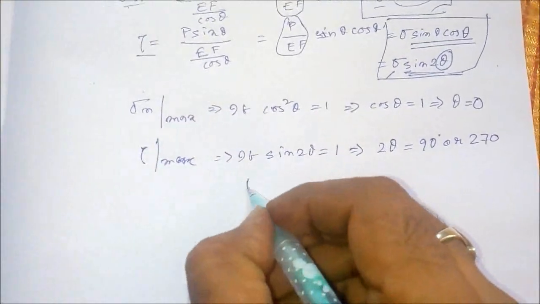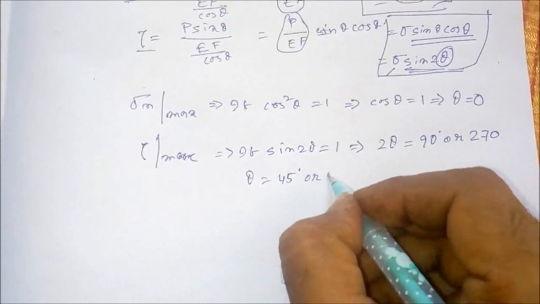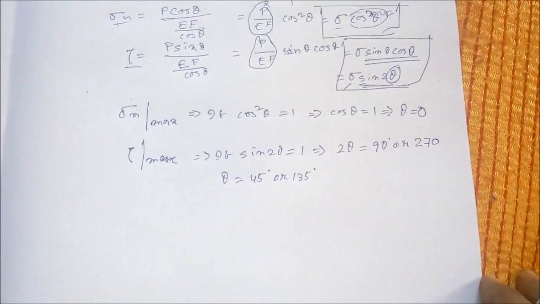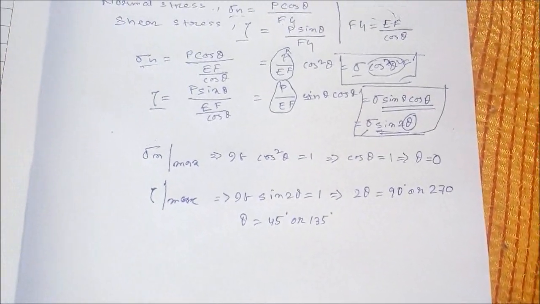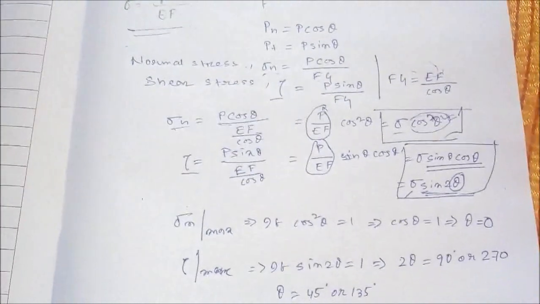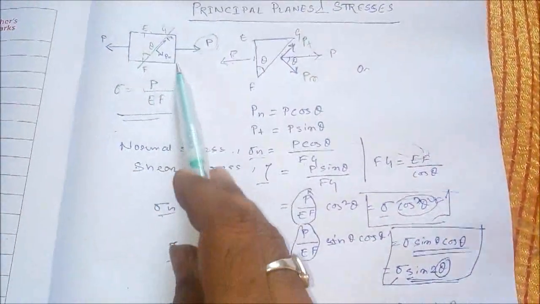That means if the value of theta is 45 degree or 135 degree, then we are getting the maximum value of tau, right?